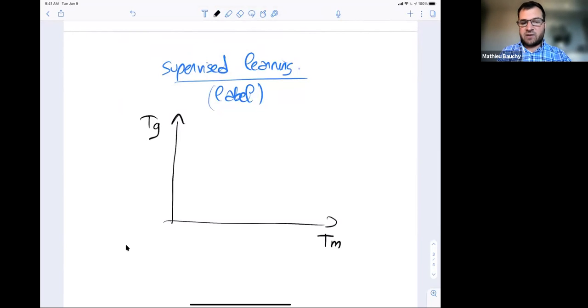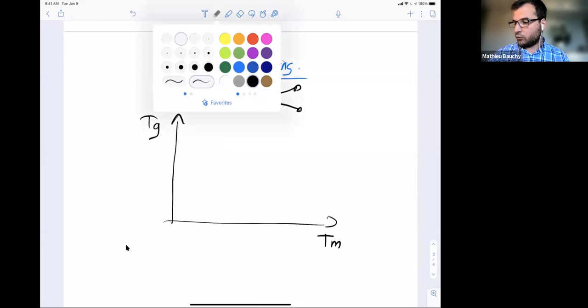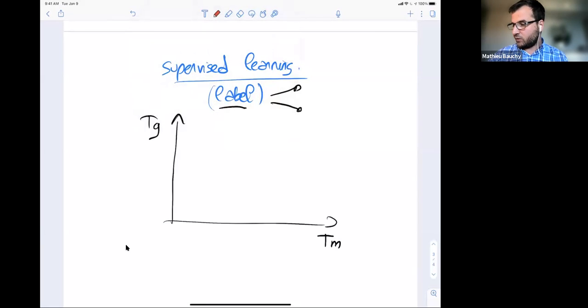So you have some examples of glasses for which you know at the same time the melting temperature and the glass transition temperature. But now you have a label, you know a property of those glasses, and that's the property that you will want to predict. Let's assume that in this case, you have two potential labels for those glasses.